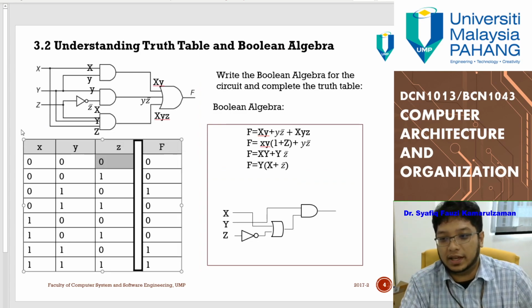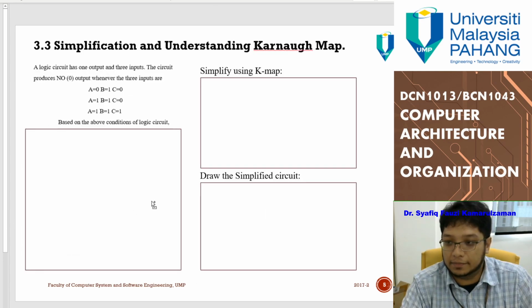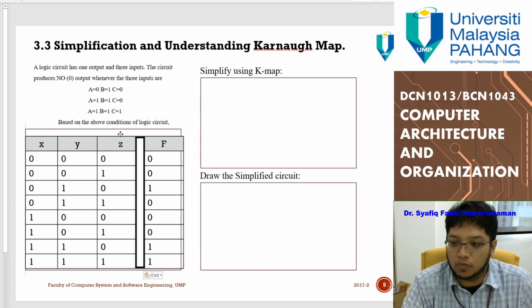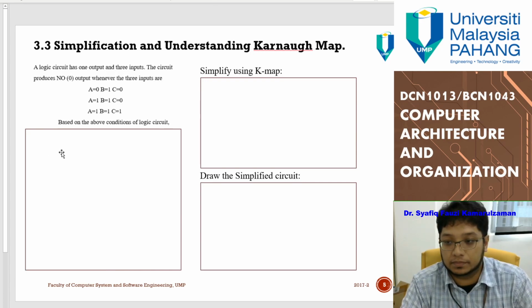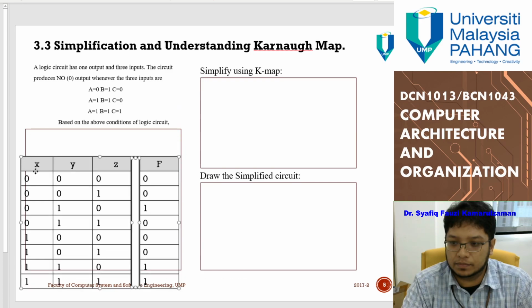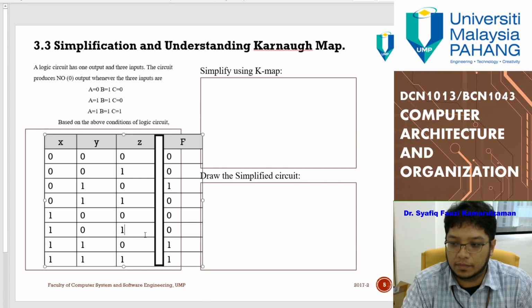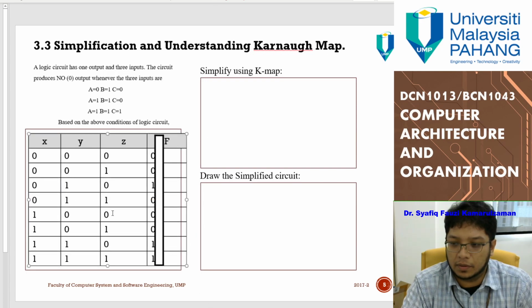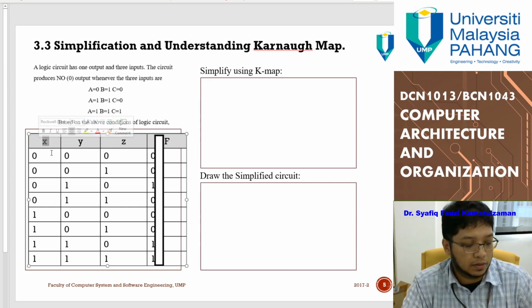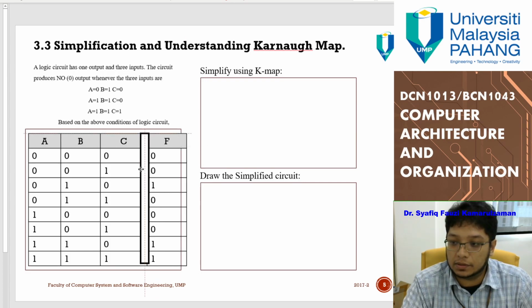So firstly, because we need to draw the truth table, let's just copy from here. You have three inputs A, B, C. So this one is the border.